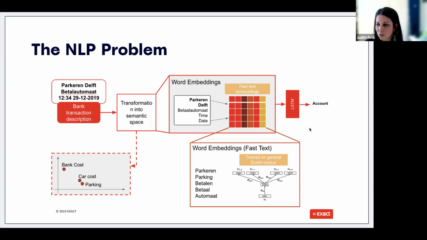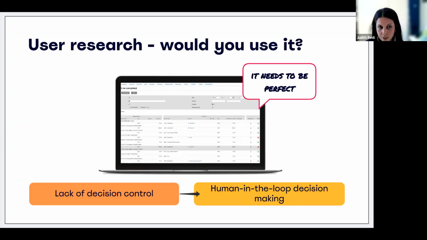Probably transformers are what powers it now, but I don't have access to the code anymore. But basically what we did was transforming every word into the semantic space and then feeding it to a recurrent model that would look at the sequence aspect of words and finally map it into one of the 942 classes. I'm not going too much into the details of the algorithms here, but I'm happy to answer any questions if this is interesting for anyone in the audience.